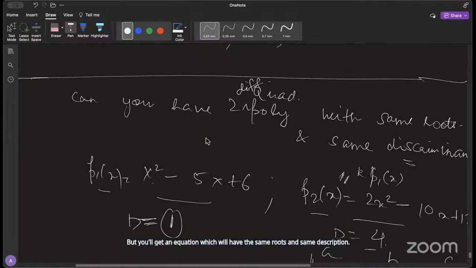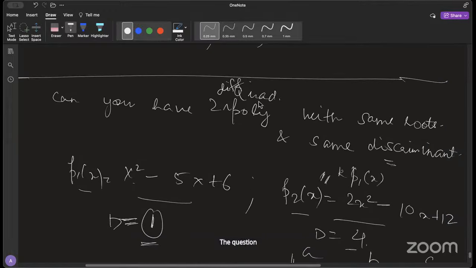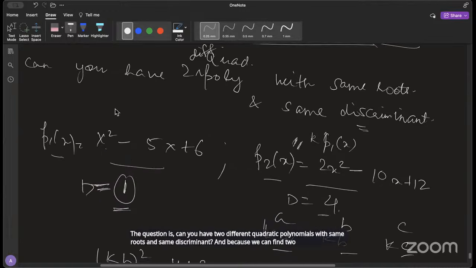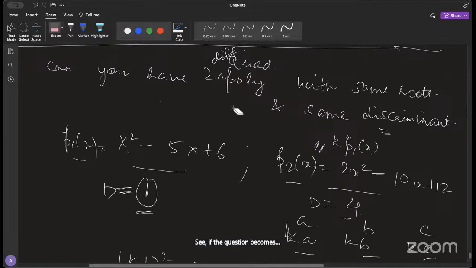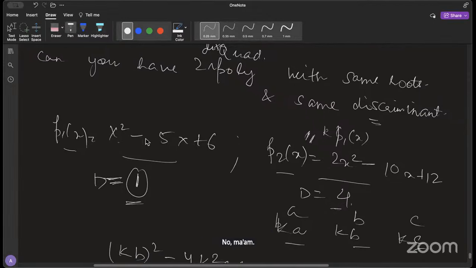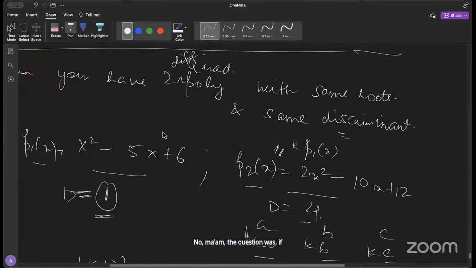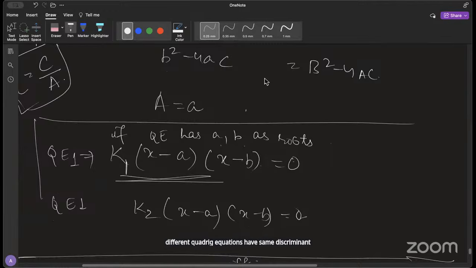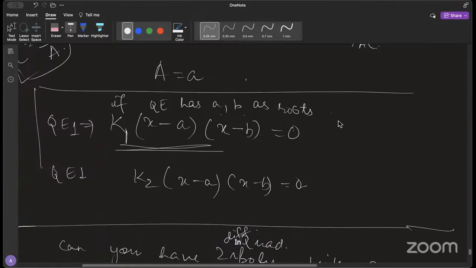So the question is, can you have two different quadratic polynomials with same roots and same discriminant? The question was, if two different quadratic equations have the same discriminant, can they have the same roots?